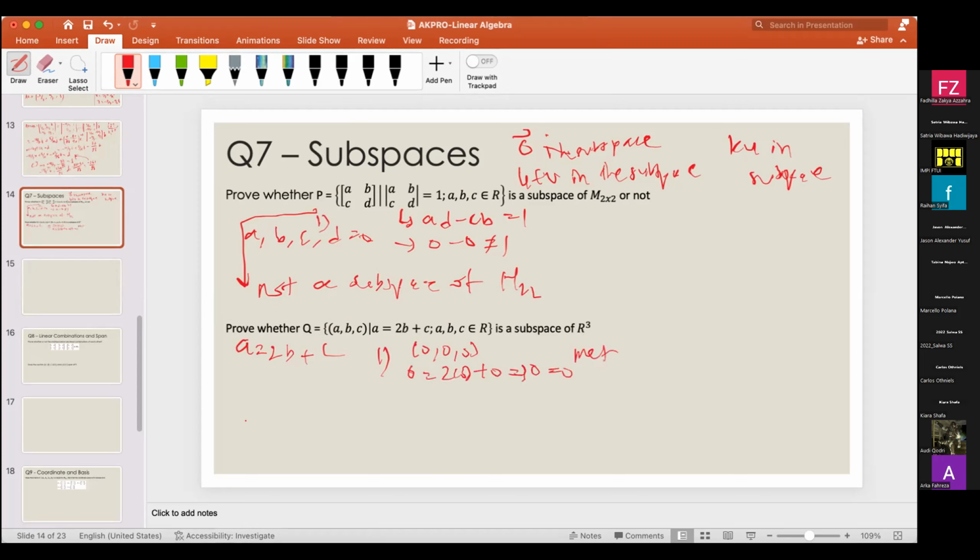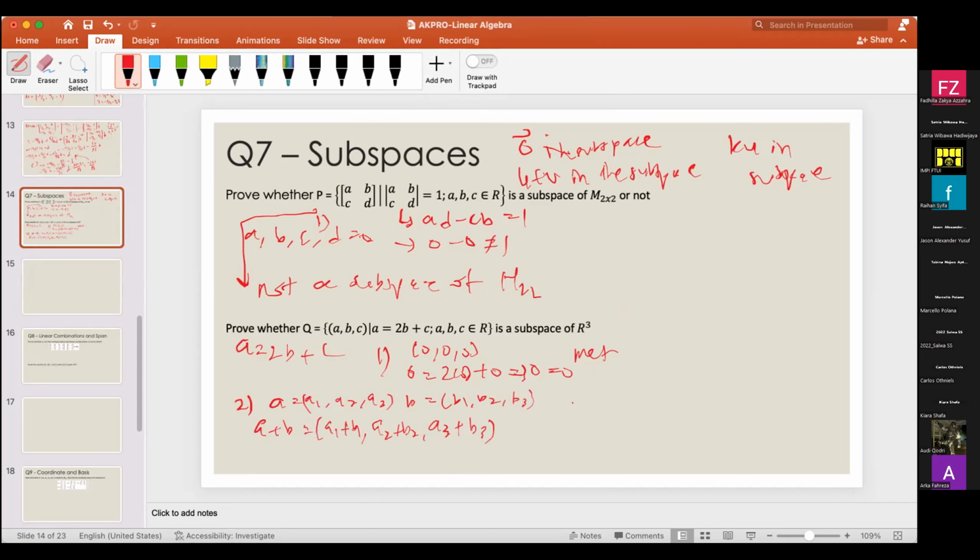Now let's do the second criterion, which is operation U plus V. For that one, let A equal A1, A2, and A3, and B equal B1, B2, and B3. And A plus B is equal to A1 plus B1, comma, A2 plus B2, comma, A3 plus B3.